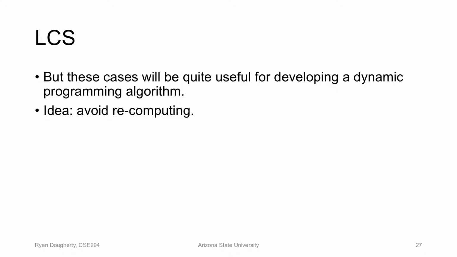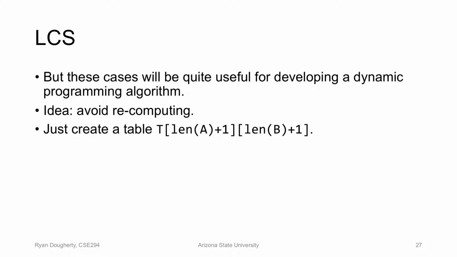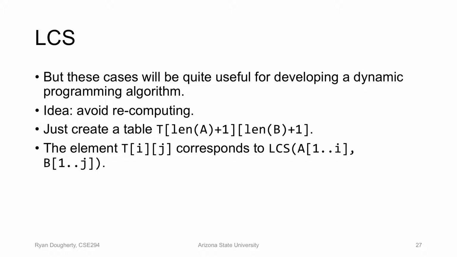Of course, we want to avoid recomputing. So we're going to create a table as before, and each entry of the table will correspond to a smaller subset of the problem. The ith row and jth column, the ijth entry, corresponds to the first i characters of A and the first j characters of B.